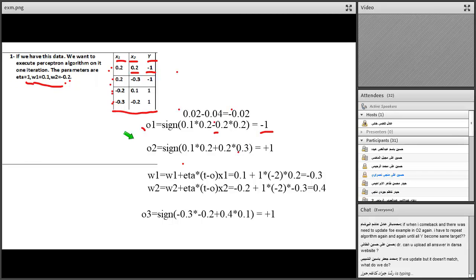Yes, if we update the weights and we see that they don't match. You mean for the next data it doesn't match, or for the current data, Mr. Muhammad Jafar?